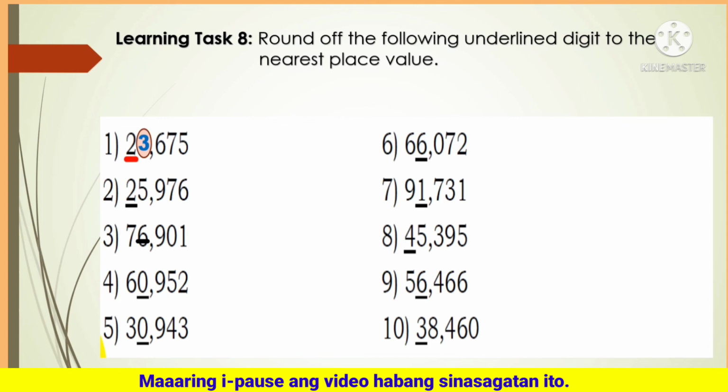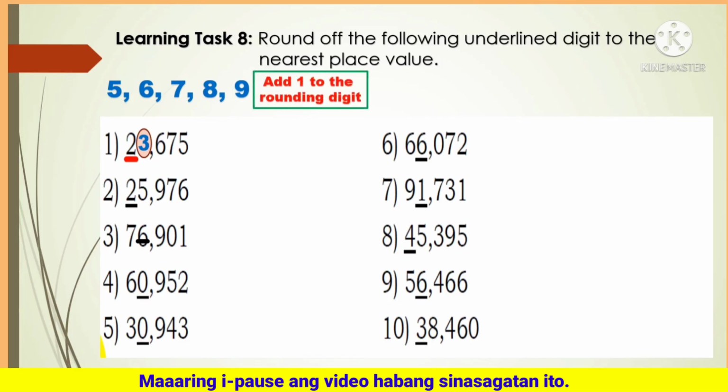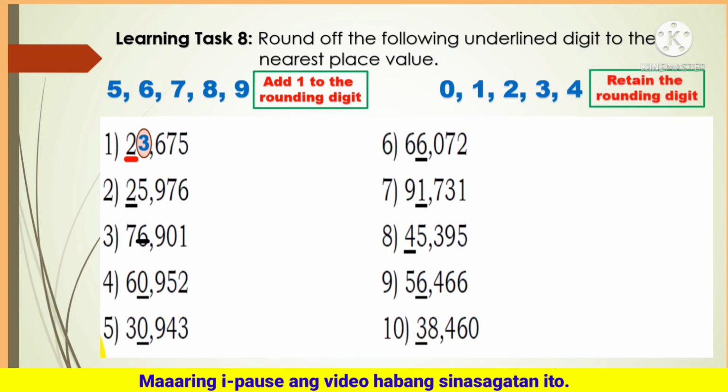Tandaan na kapag nasa right side or kanan ng rounding digit ay 5, 6, 7, 8, or 9, ang gagawin natin ay dadagdagan natin ng 1 itong rounding digit o itong ginuhitan natin na 2. Pero kung ang kasunod nito ay 0, 1, 2, 3, or 4, ay wala tayong gagawing pagbabago dito kay 2.